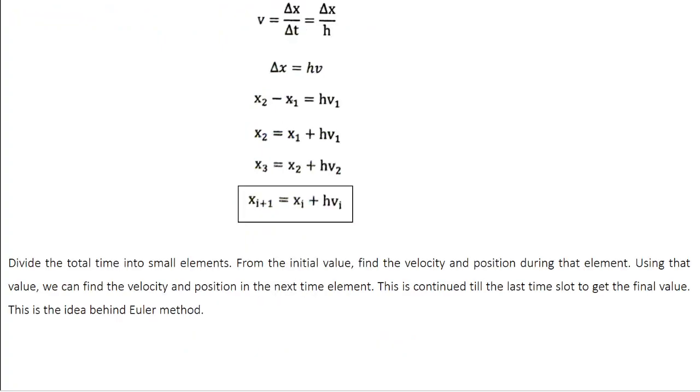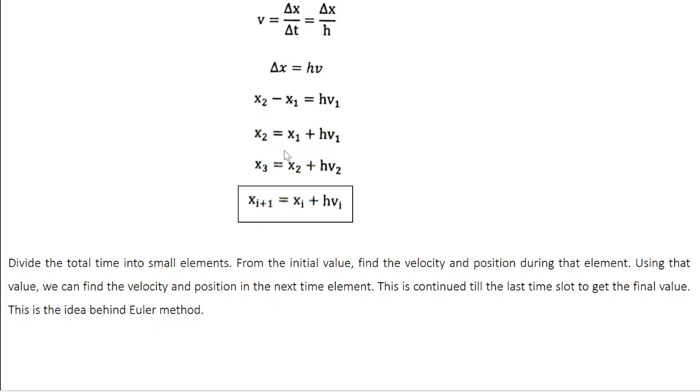Follow the same procedure. Velocity is delta x by delta t. Here we assume that motion is one dimensional along the x-axis, and delta t is h, so v equal to delta x by h, or delta x equal to h into v. In the first subinterval I can write x2 minus x1 equal to h into v1, or x2 equal to x1 plus h v1.